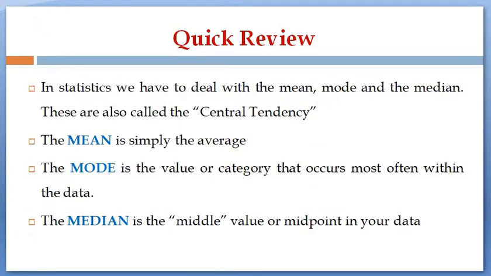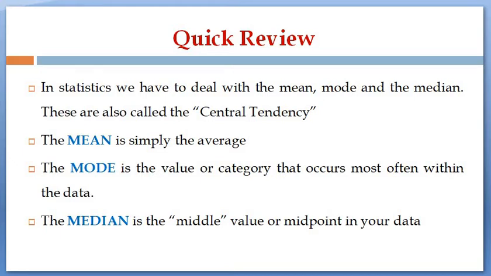So, a quick review of what we have seen in Part 1. In statistics, we deal with the mean, mode and the median. Combined, these are known as central tendency, where the mean is simply the average. The mode is a value or category that occurs most often within the data, that is a repeated, frequently coming value.